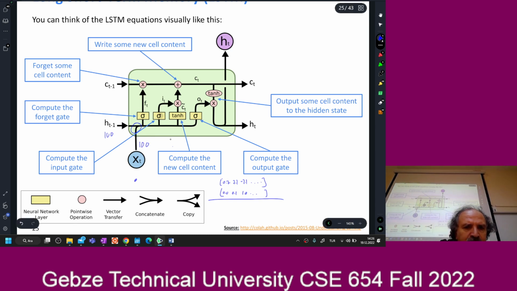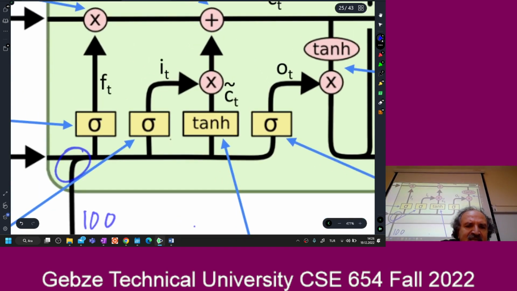This is my input gate. What should I learn? Okay, how much should I learn? This one tells how much should I learn. This one tells what should you learn. And there is a reason this is a sigma, this is a tanh. This one is again between 0 and 1. This one can say that don't learn this much. It is 0.